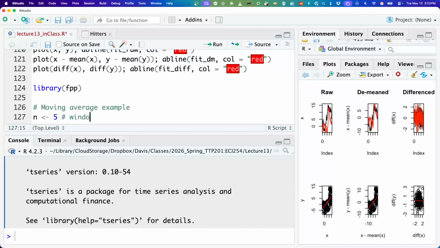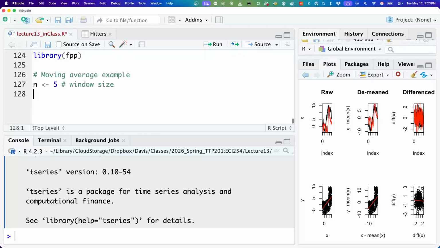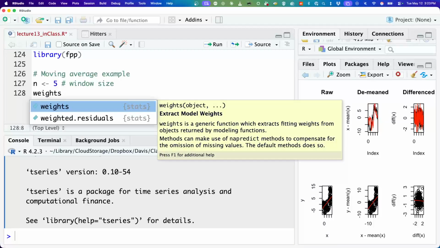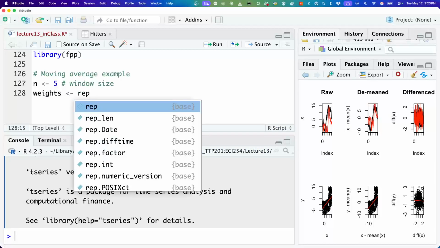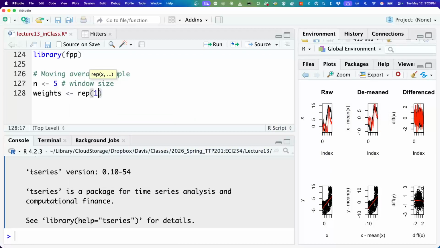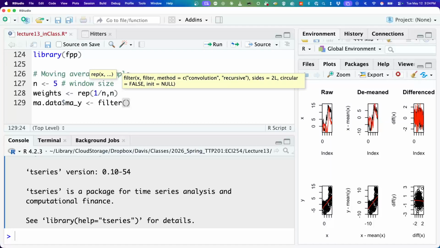This is our window size. We're manually replicating what I was showing in the equations. We'll have these weights that essentially do our averaging for us. So we'll do the moving average of y. We can do that by doing filter, ma.data$y, weights, sides equals 2.